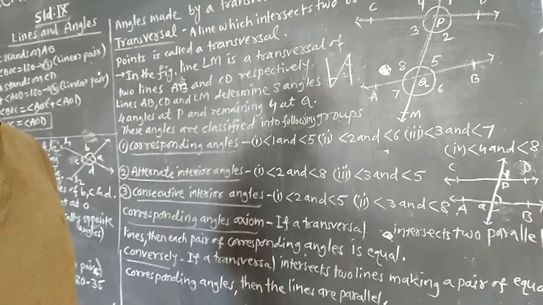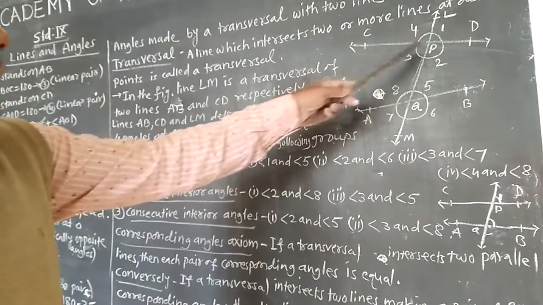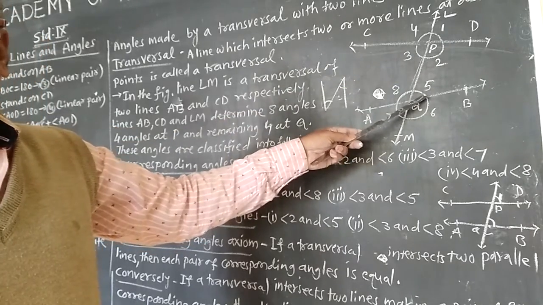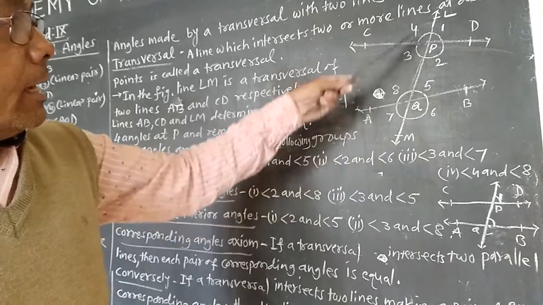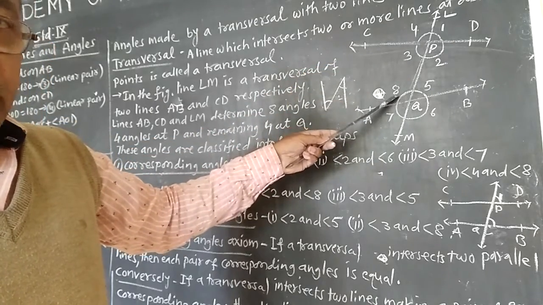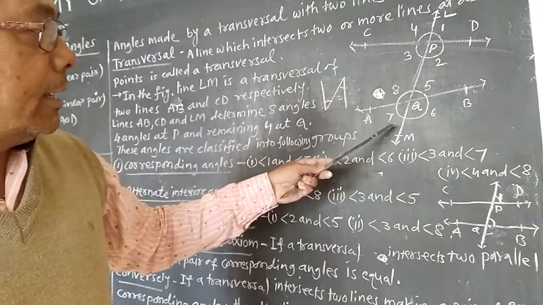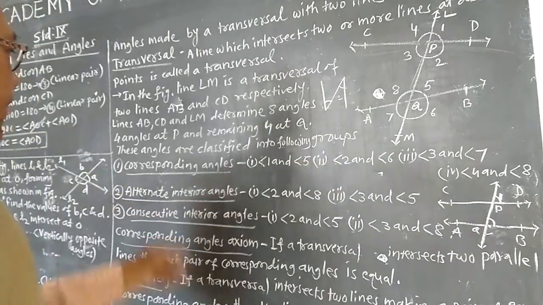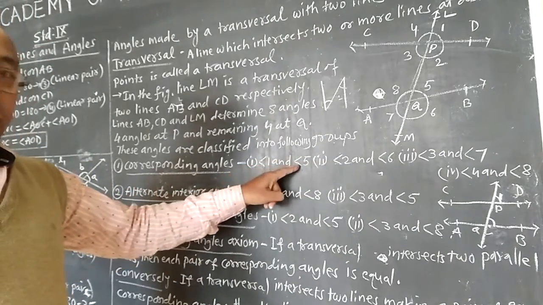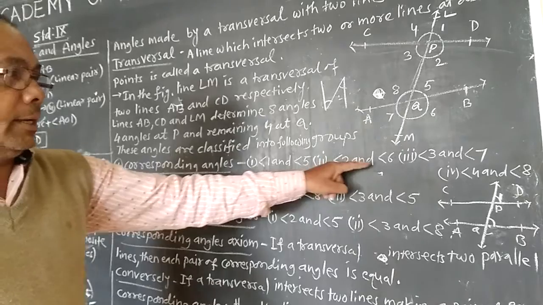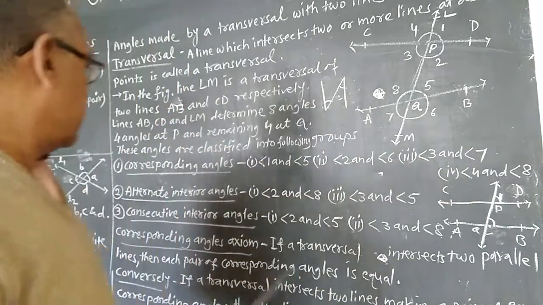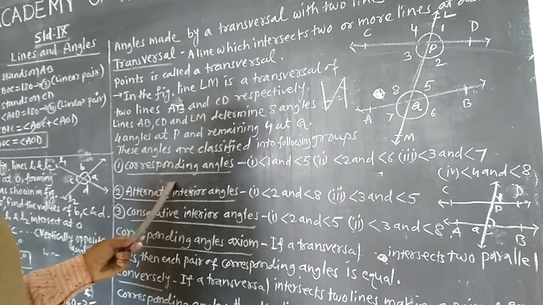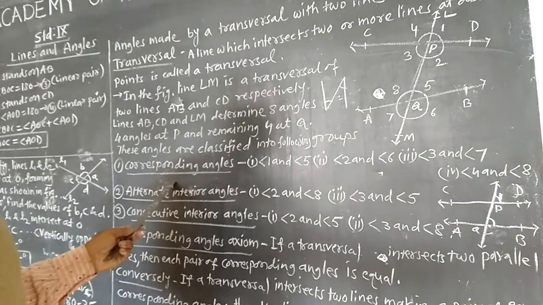Here it is seen that angle 1 and angle 5, angle 2 and angle 6, angle 4 and angle 8, similarly angle 3 and angle 7. These are the 4 pairs of corresponding angles.